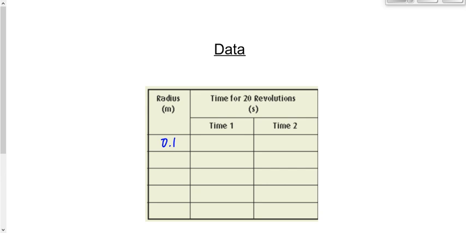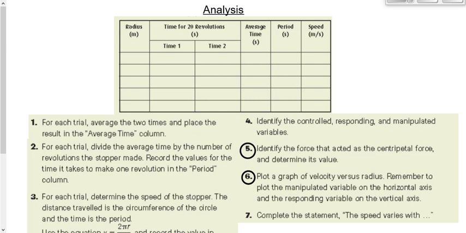This is your data table. And the sheet that you have handed out to you says data at the bottom. That's not data. Most of that table is, what would you call that table? Analysis, because it involves calculations. This is data. This is what you're going to record as you do your experiment today, and then you're going to create an analysis table that looks like the table at the bottom of page 1 in the handout that I just gave you.